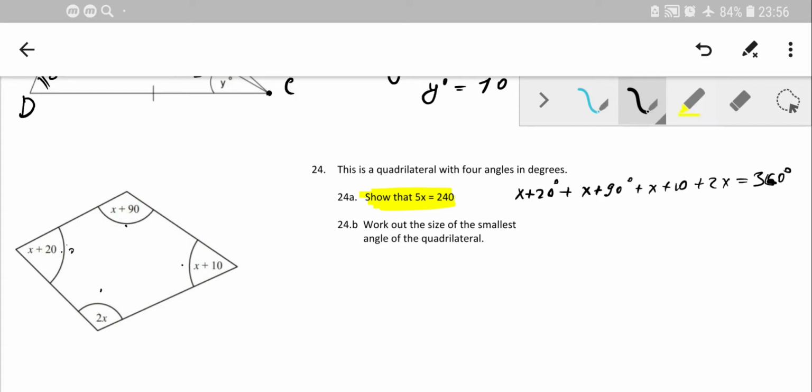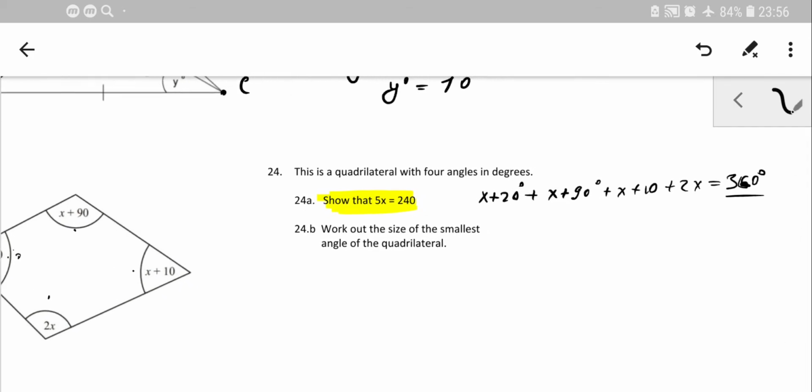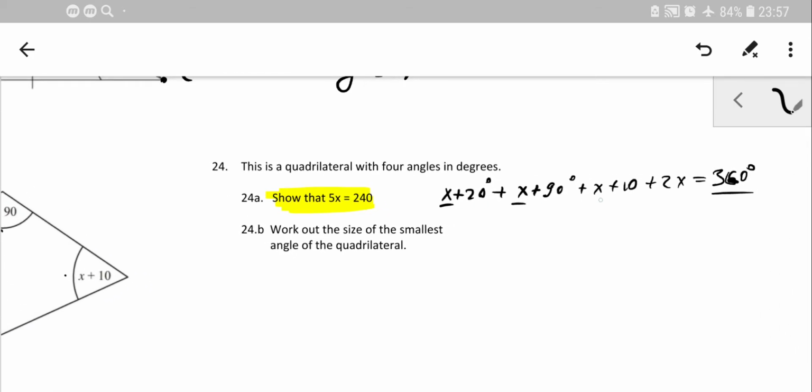You can use the general formula for polygons, for the sum of the angles, to infer this amount, but I remember it, and I hope you do the same. Let's simplify: we have in total 5 x's, and in degrees we have the numbers 20, 90, 10. How much is that? It's 120. So 360 minus 120 gives us 240 degrees equals 5x.